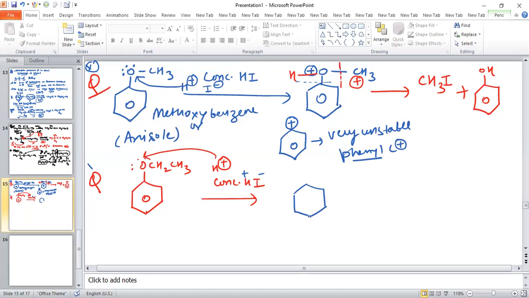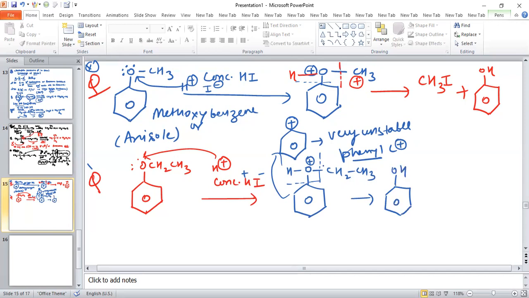In the first step it will form positive charge on oxygen, and there is hydrogen, and this is CH2CH3. Now bond cannot break from this side, because phenyl carbocation would be formed, so the bond will break from the other side. When the bond breaks from this side, one of the products is phenol. The carbocation obtained is CH3CH2 positive, so I minus will attack on this carbon. The product obtained is CH3CH2I.